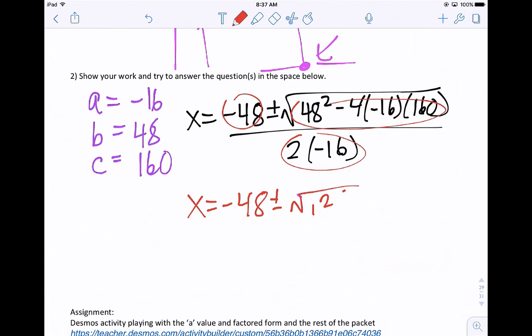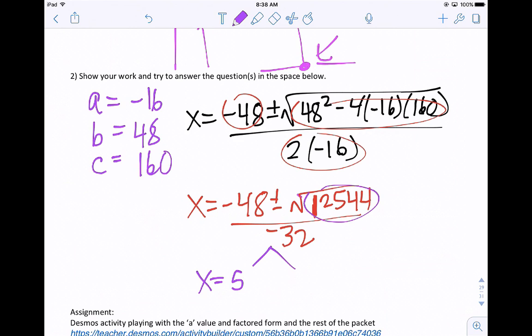So I get 12544 over negative 32. I might ask you, what does this positive discriminant mean? It means that there are going to be two real solutions. But now we can calculate what they are. So we have negative 48 minus the square root of that, divided by negative 32. So I want to get 5.